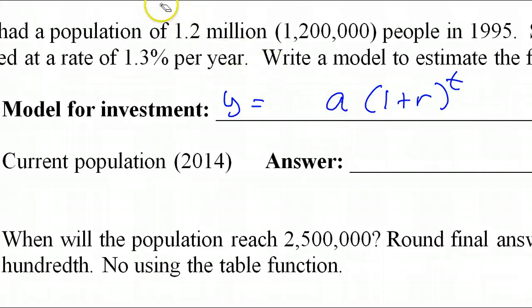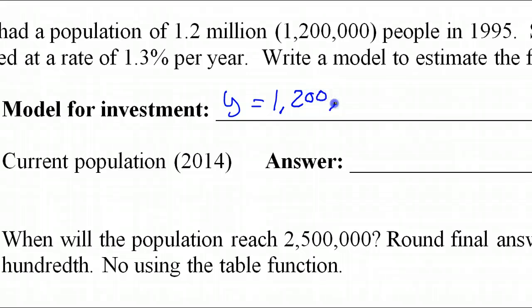We're using this formula, just simple growth. The initial population is 1,200,000. This is going to be 1 plus the rate. Here's the rate. Again, you have to move that decimal twice, so I need a 0.